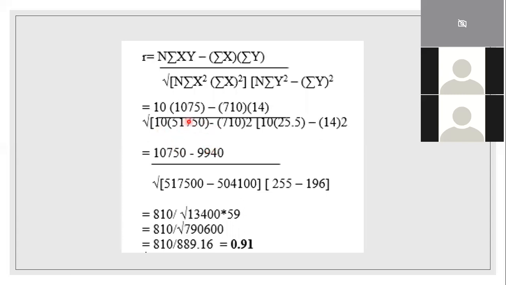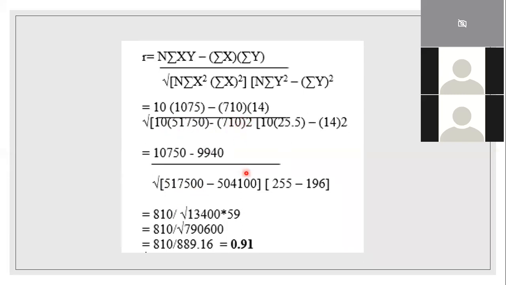Now at the bottom of the formula, it's the same operation. n times the sum of x squared. You have to do that multiplication first. So here we see n times 51,750. When we times that, we get 517,500. So you do that multiplication, and then we're going to square. So we see 710 squared.